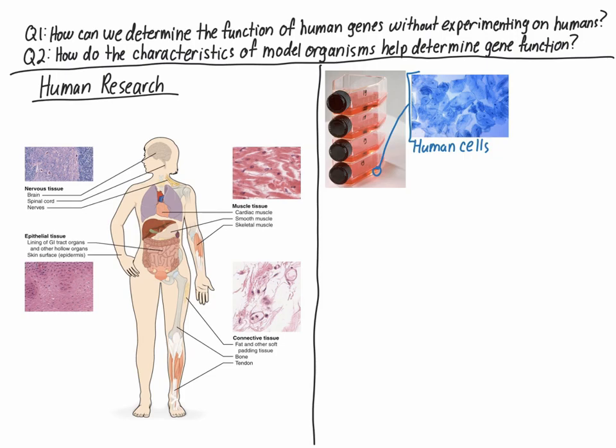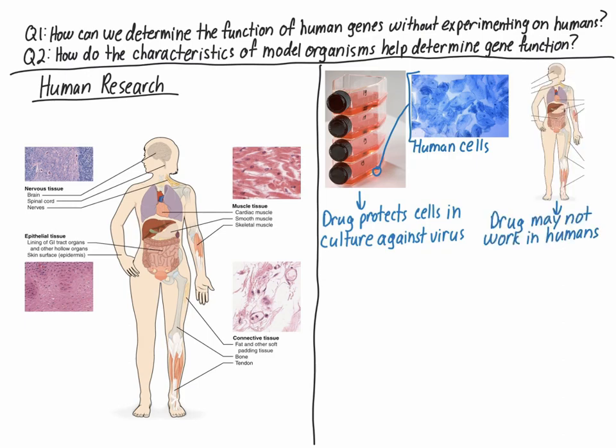However, a cell in a culture dish is not a human, and sometimes a phenomenon observed in a cell culture dish, for example, a drug that provides resistance to the Ebola virus in cell culture, won't necessarily make real humans resistant to that virus.